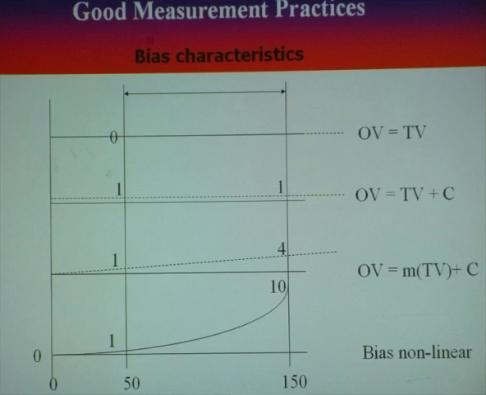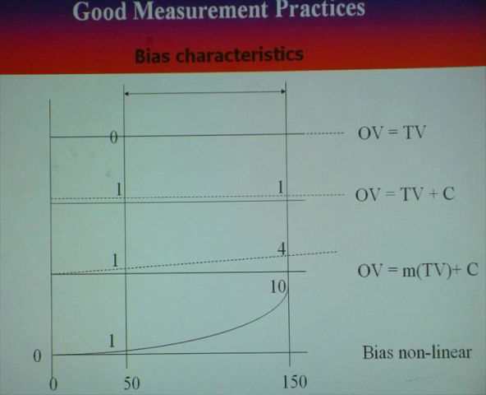To sum it up quickly, here we have a representation. Measurement is being made over the range 50 to 150, where the true value over the entire range agrees with the observed value. You have no bias. Now, in the second, you see that at both 50 as well as 150 and over the entire range, the offset that is there is 1 unit, and therefore the bias is 1 unit. The difference between the observed value and the true value is 1 unit across the entire range.